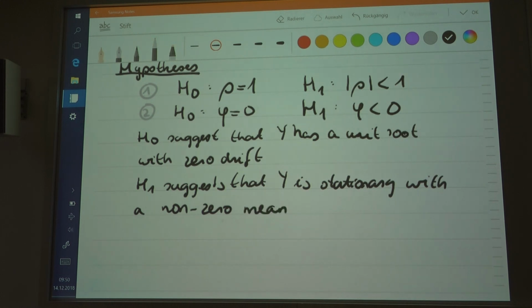Depending on which model you choose, we have to figure out from the perspective of economics which model makes sense. If you choose model 3 as your testing specification, then you have to make sure that if you reject the null hypothesis, the mean evolves around 0.